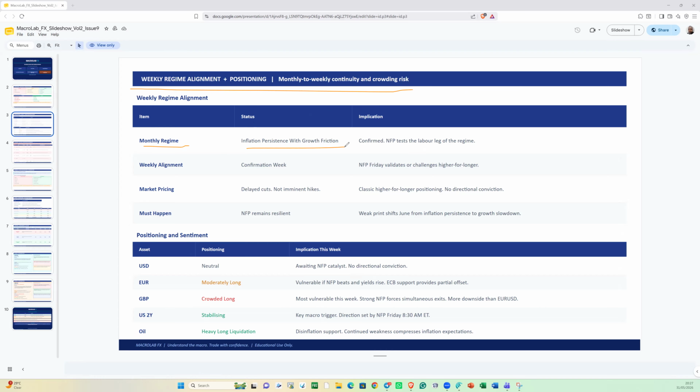So what does that mean? We're seeing inflation staying elevated. However, growth is slowing. From the current growth reports we had, we're seeing that growth is slowing down a bit, but inflation is still elevated, not too high, but quite away from Fed targets.